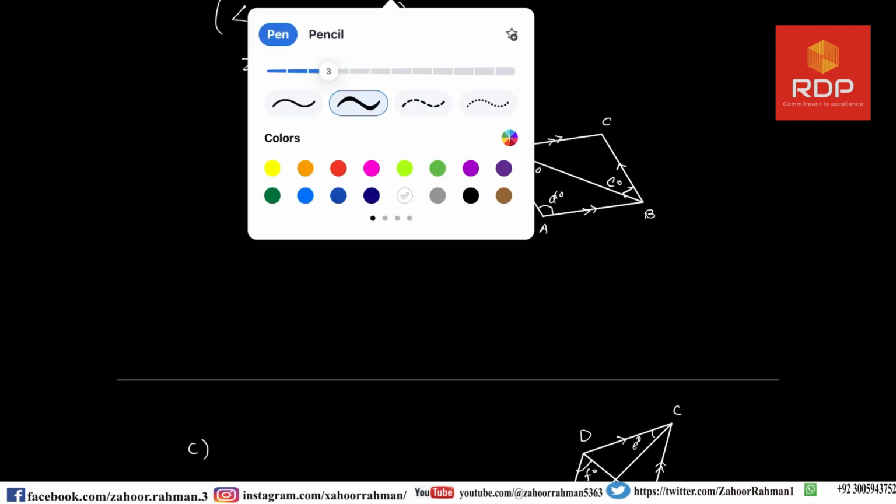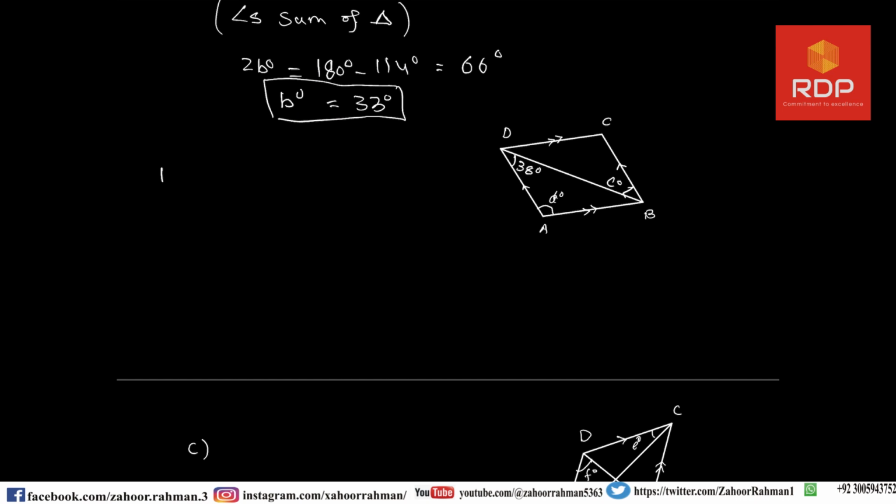So we are going to write it here, and I can write angle ACB is equal to angle ADC, because these are two parallel lines and this is a transversal line.